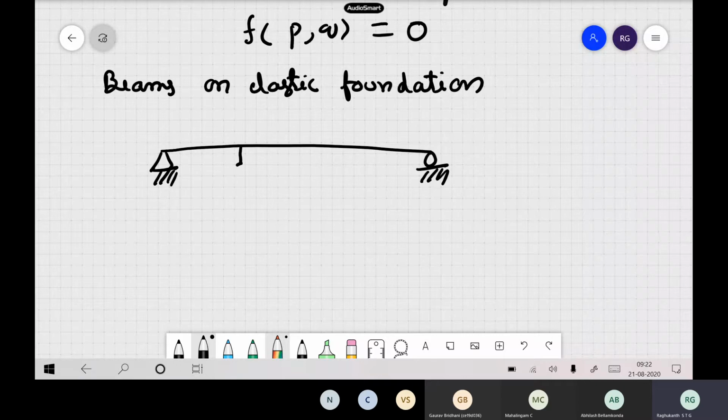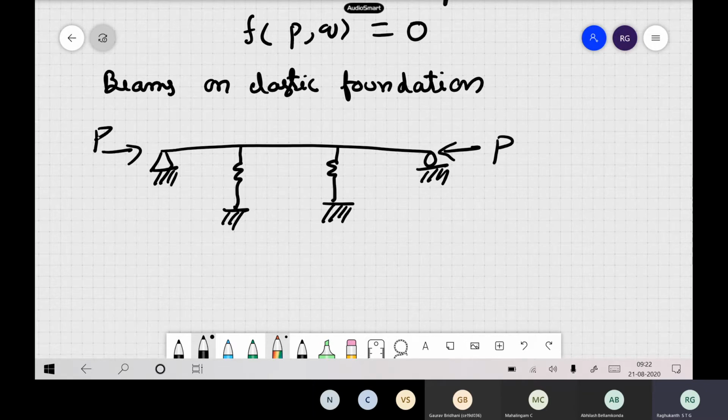Now I assume that I am putting two springs here. This is P and this is P. Now you have K1 and K2. If you take your origin, X is in this direction and Y is in this direction.